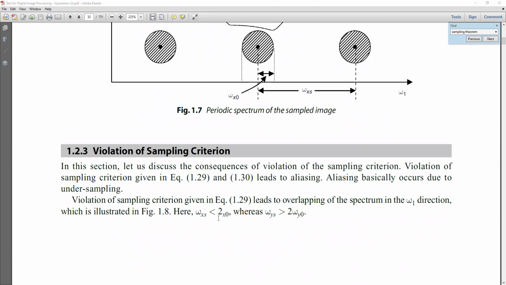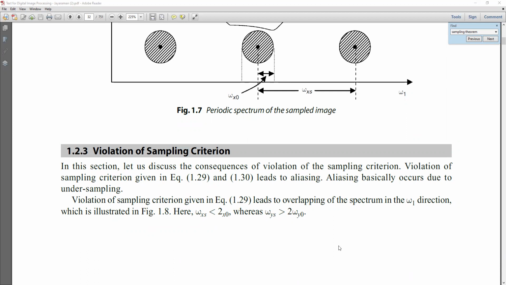Omega xs should be less than 2 omega x0. Or omega 2 x0 should be greater than, this should be the reverse direction. This should be in the reverse direction. Omega xs should be greater than twice omega x0.